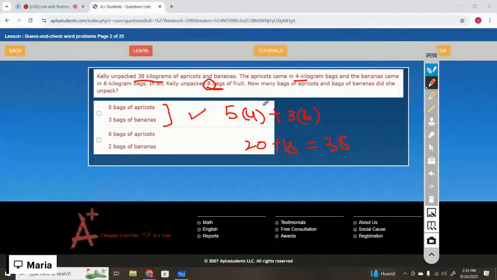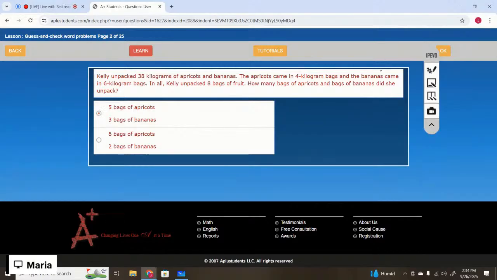So option number 1 is the correct option because in total we have 8 bags and in 8 bags there are 38 kilograms.